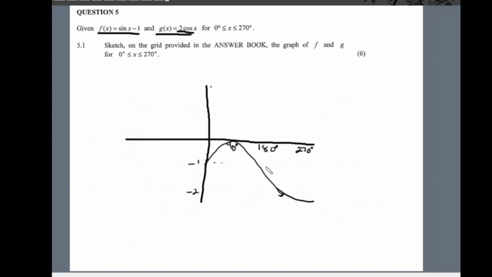And then this one is 180, and now 2 cos x minus 1 will look like this.